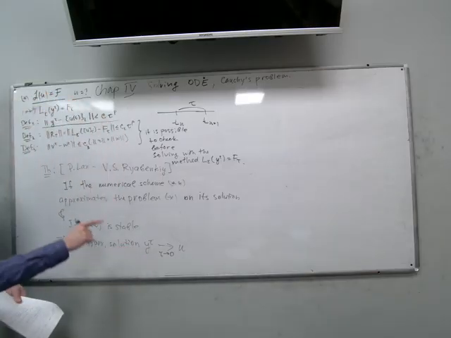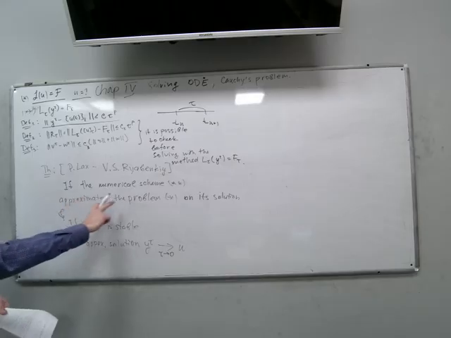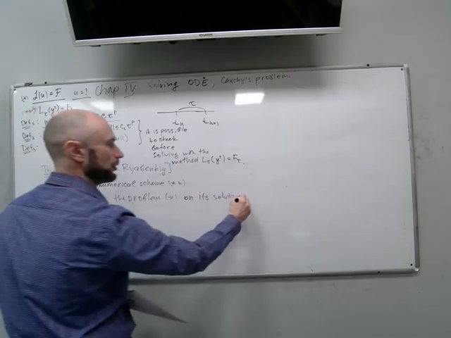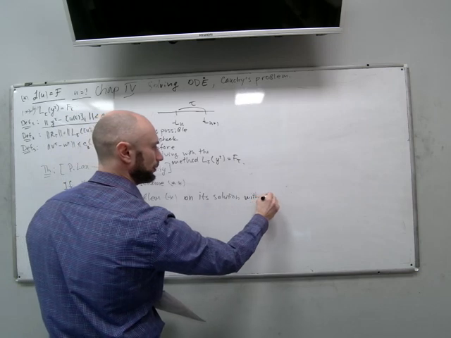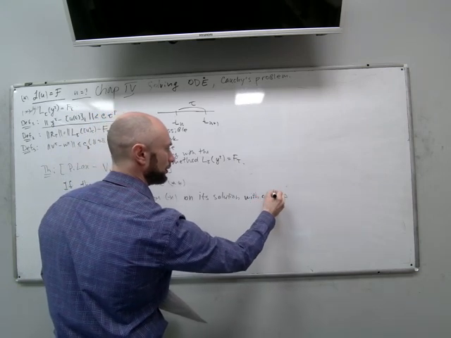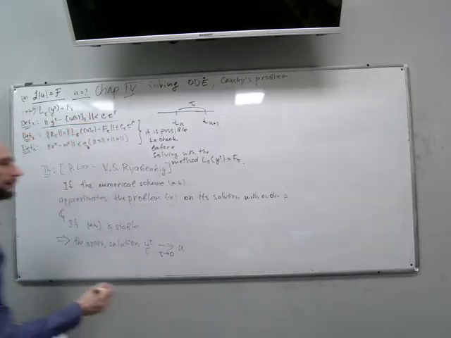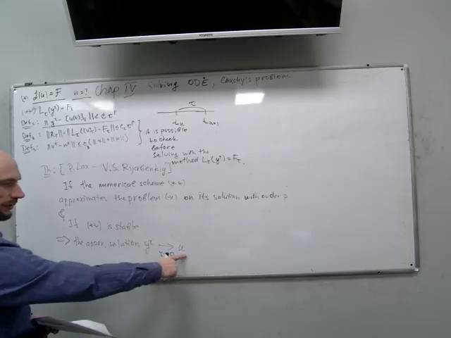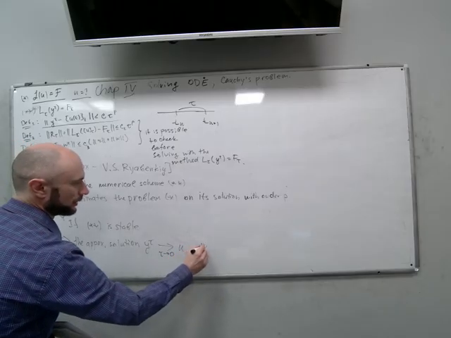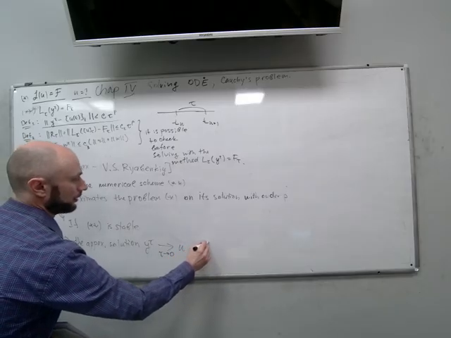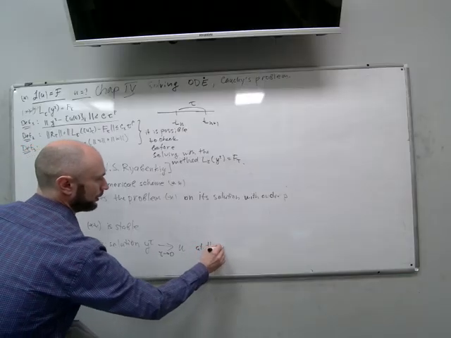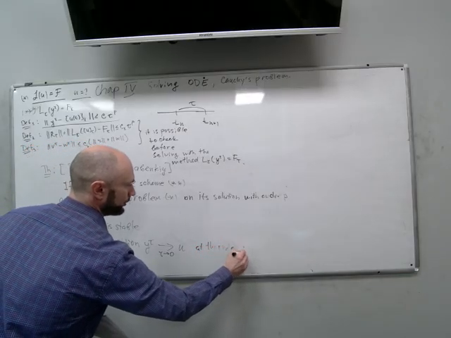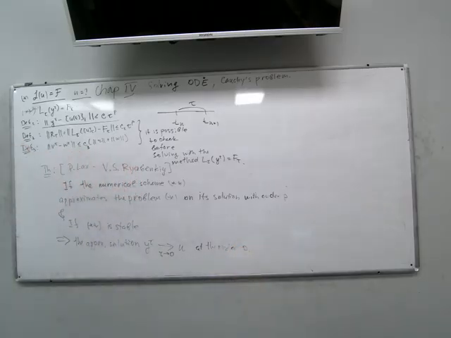If the numerical scheme approximates the problem star with solution with order P, and if it's stable, then the approximate solution tends to the exact solution at the order P. Is it clear what the theorem states?